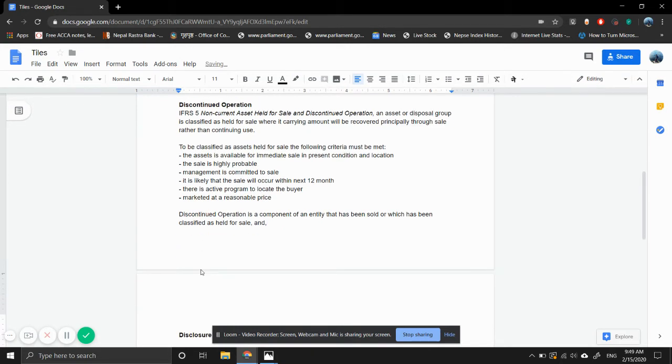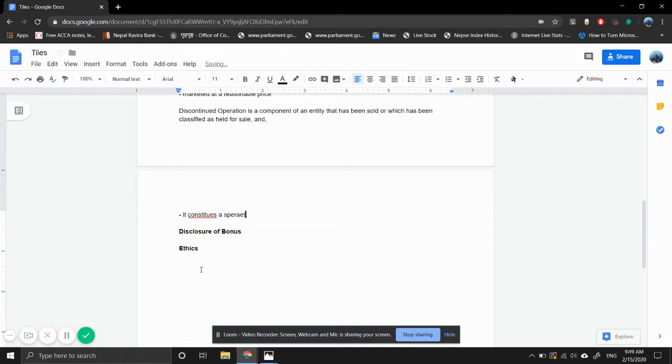and constitutes a separate major line of business or geographical area, or is part of a single coordinated plan to dispose of a major line of business or geographical area.